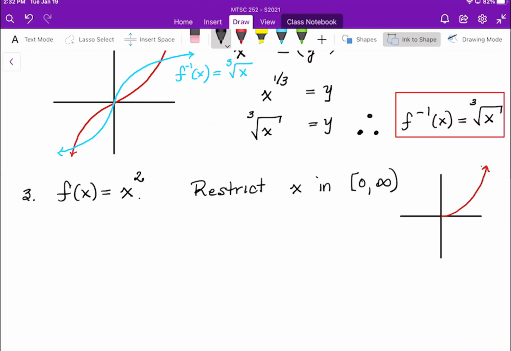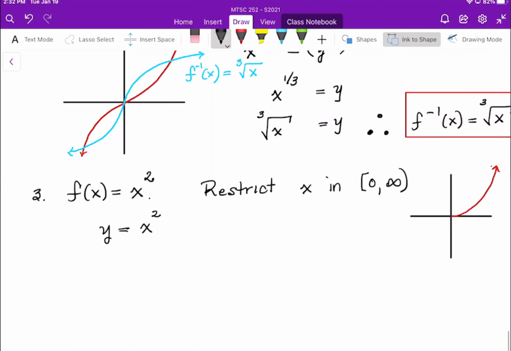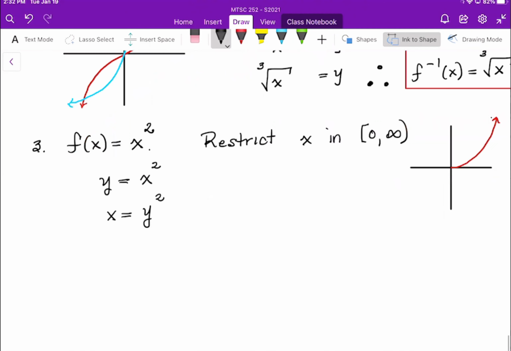So now we want y to be x squared. So we're going to switch them, and we're going to get x is equal to y squared. We're going to take the square root of both sides and get y is equal to the square root of x. So now we're going to call that f inverse.